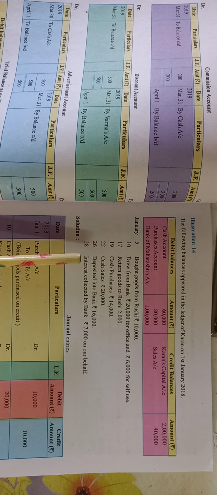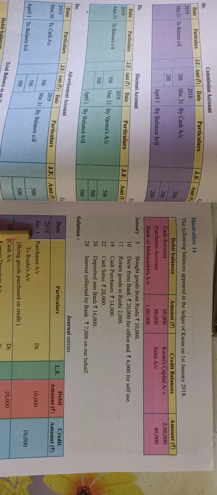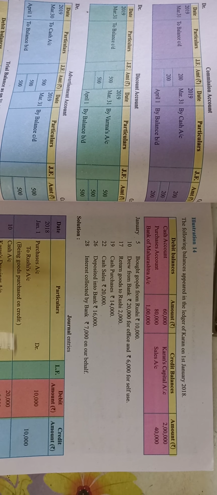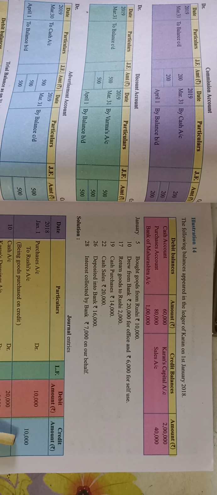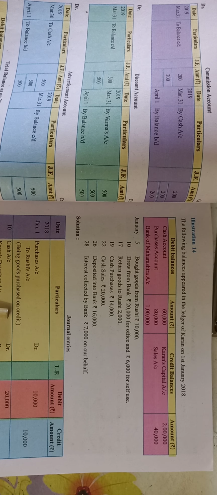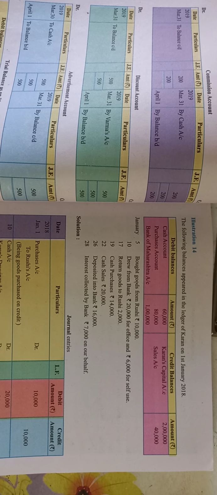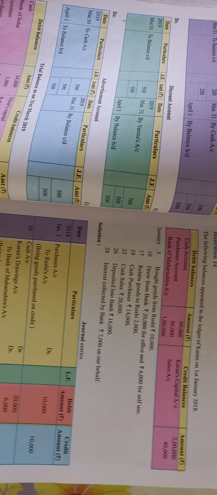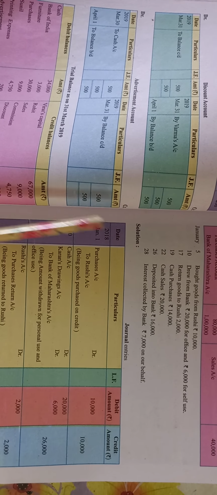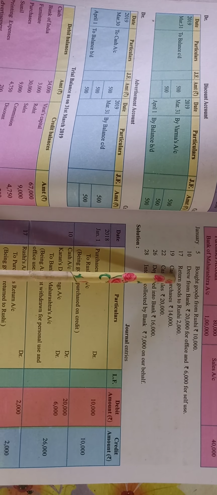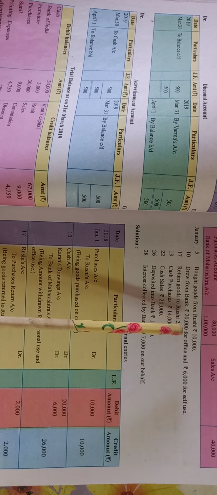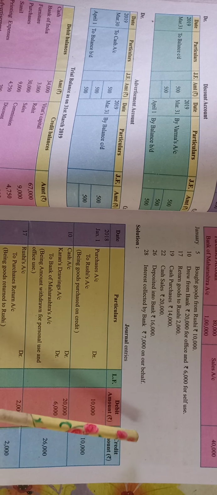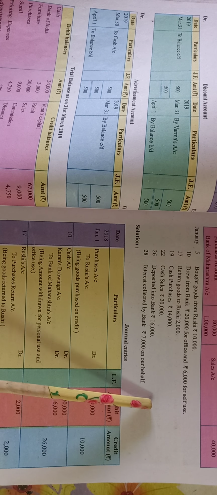So journal entry: January 5th 2018, purchase account debit 10,000 to Rishi's account credit 10,000, being goods purchased on credit, because credit basis purchase is there. After that, second transaction, January 10th, drew from bank rupees 20,000 for office and rupees 6,000 for self use.